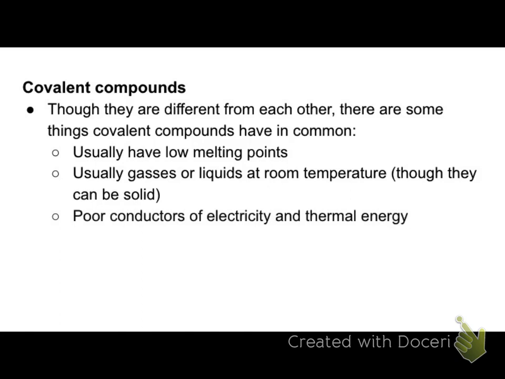And they are poor conductors of electricity and thermal energy. If you think about it, that makes sense, because what types of atoms are forming covalent bonds? Anybody remember? We said only nonmetals are forming covalent bonds. If you remember, nonmetals are not good at conducting electricity and not good at conducting thermal energy. So it makes sense that compounds made exclusively of nonmetals would have those properties.